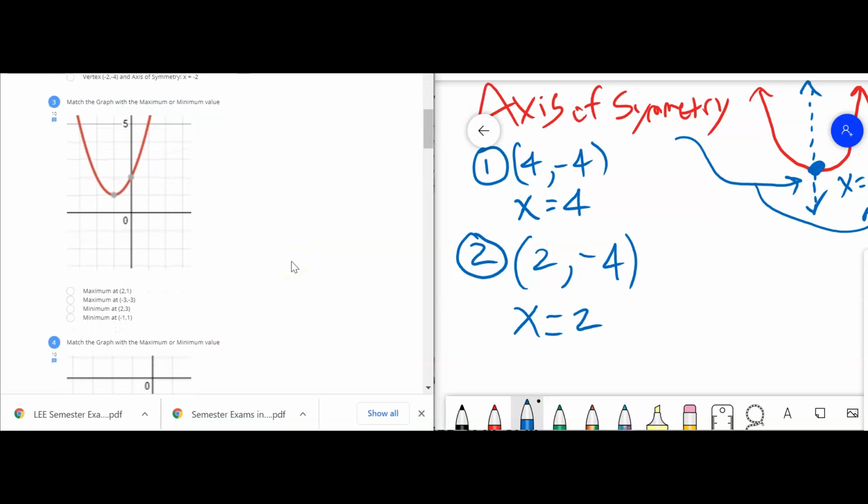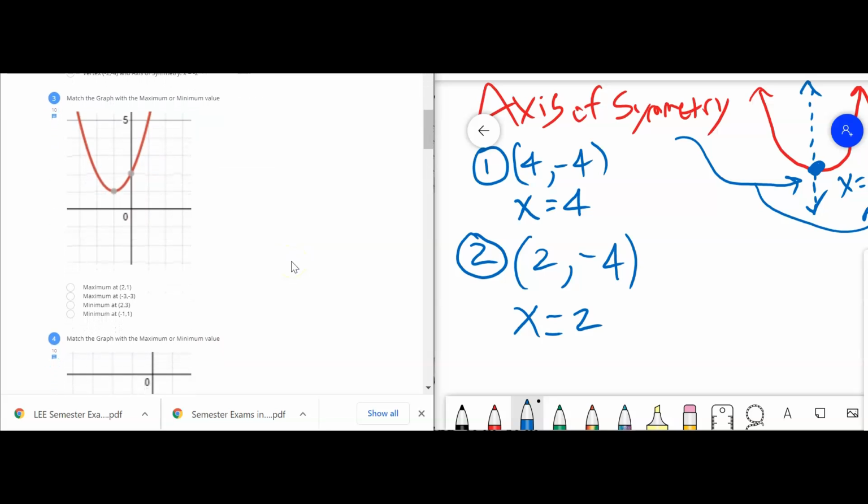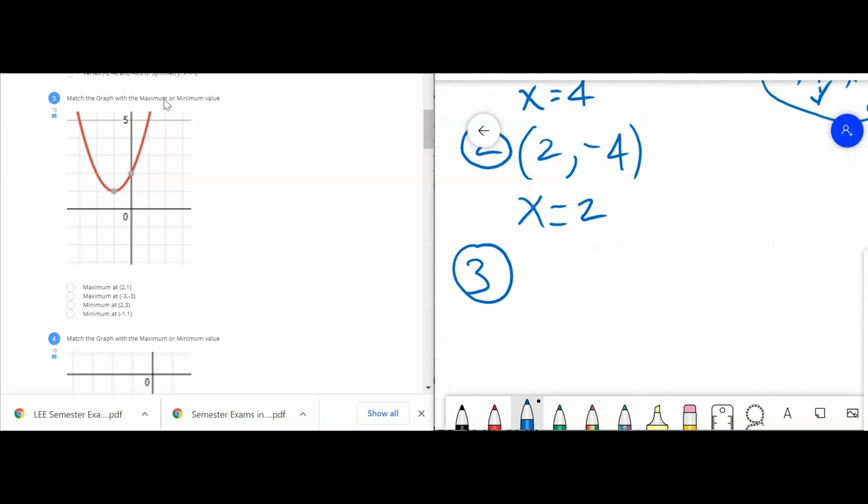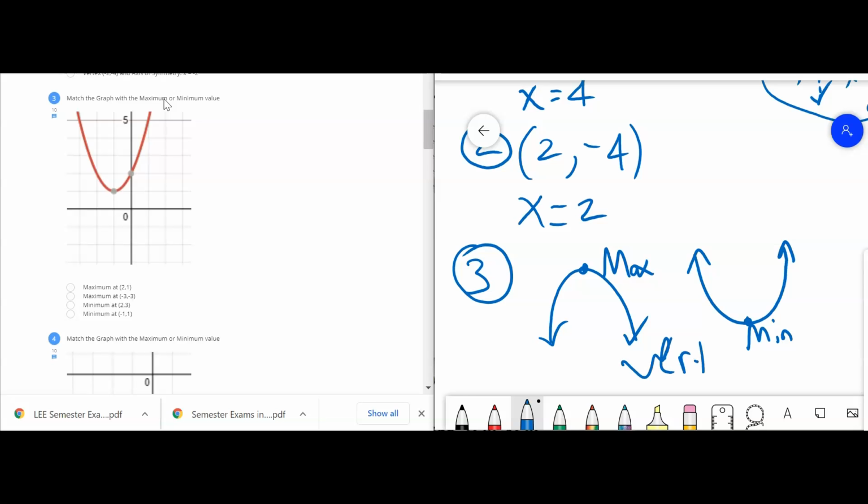Moving down. Now, this says we're going to match the graph with the maximum or minimum value. Well, remember max or min. Let's move this up. If it's opening downward, we have a max. If it's opening upward, we have a min, right? Each of these has a vertex.